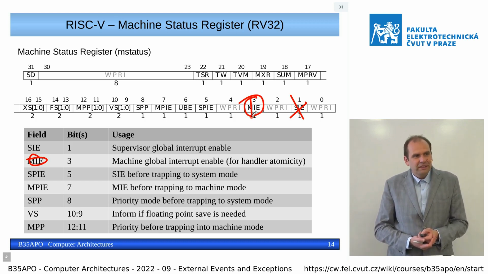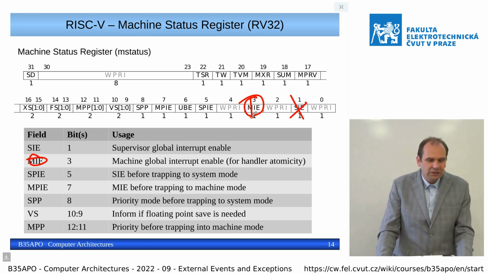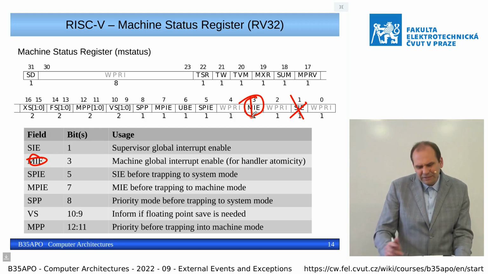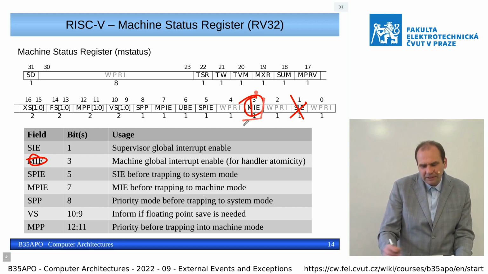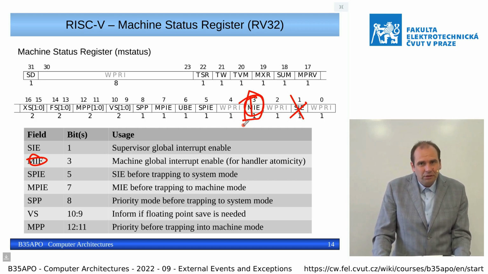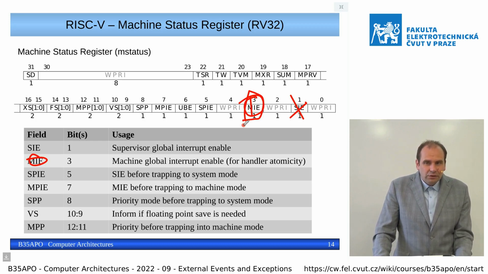So you see that even the RISC-V specification intermixes the use of exception, trap, and interrupt. But in fact, this one is for the external interrupts. It cannot block the actual exception processing. So maybe it is correct, because it is for external interrupts. For exceptions, you cannot block them.